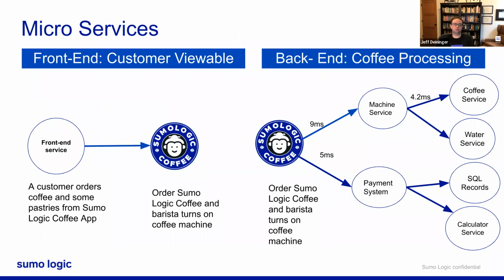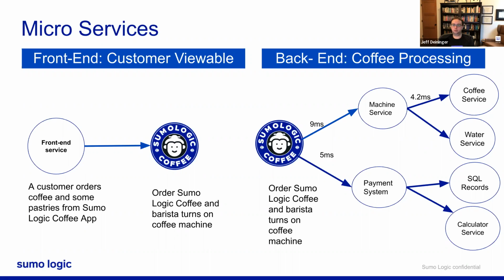So from an end user perspective, end users are aware of the front end, right, where they're actually ordering their coffee, they're ordering their cornettos and muffins. And what happens on the back end is those transactions are farmed out to a set of discrete microservices, including a database that contains inventory information and SKUs, a calculator service to tabulate the bill, and then a machine service for our coffee machine, which is actually going to brew our espresso and serve it up to our customers so that orders can be fulfilled.